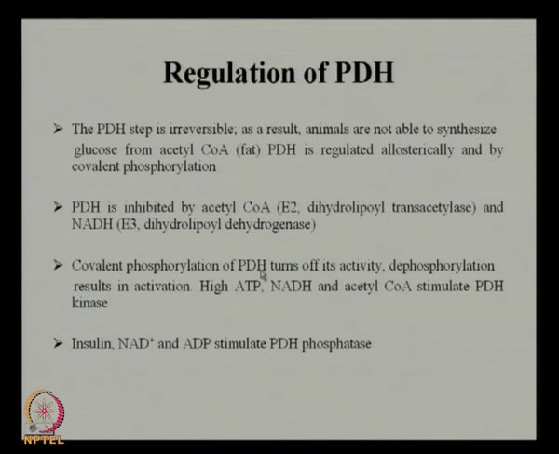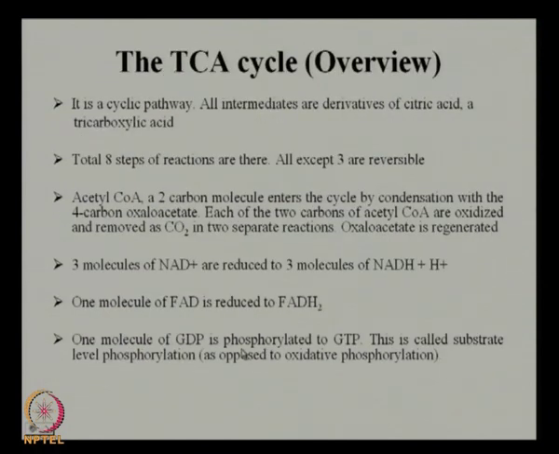Covalent phosphorylation of pyruvate dehydrogenase turns off its activity and dephosphorylation results in activation. High ATP, NADH and acetyl-CoA stimulate pyruvate dehydrogenase kinase. Insulin, NAD and ADP stimulate pyruvate dehydrogenase phosphatase to act.